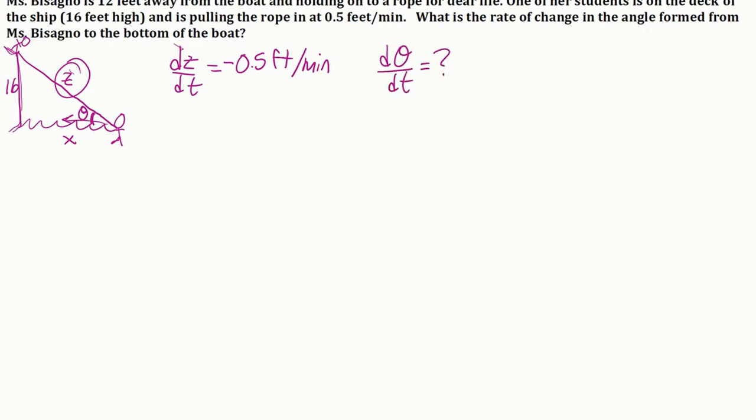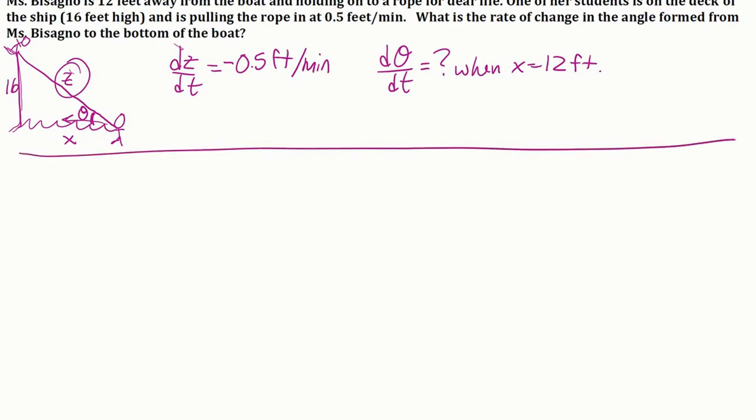So d theta dt is what I'm trying to figure out. First thing, I'm sorry, I should have put when x is equal to 12, because at this moment in time, I know I am 12 feet away from the base of the boat. Okay, so I need to set up a basic equation.